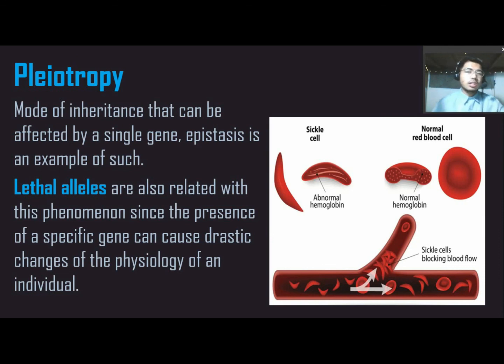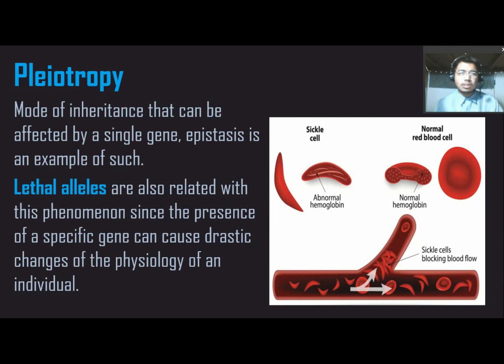They do not reach sexual maturity, and some of them suffer or basically die at a very young age. Lethal alleles can cause drastic changes in the physiology of an individual.